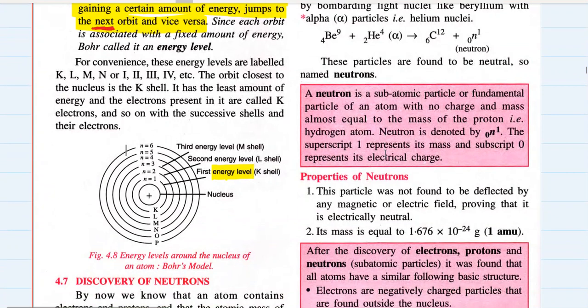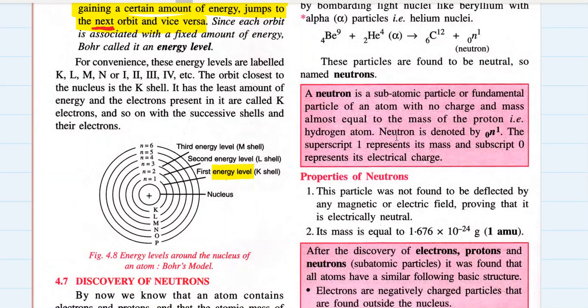That means an electron revolving in shell one or orbit one will have minimum energy as compared to the other electrons in shell 2 and 3 and so on. Also, it will be revolving with a slow speed.